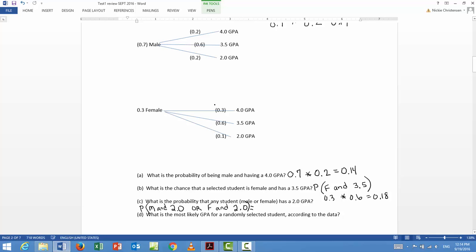So the probability of male and 2-point: probability of male is 0.7, 2-point is 0.2. So 0.7 times 0.2. Then we're going to add that to the probability of female and 2-point. Probability of female is 0.3, probability of 2-point, if it's a female, is 0.1, so 0.3 times 0.1.